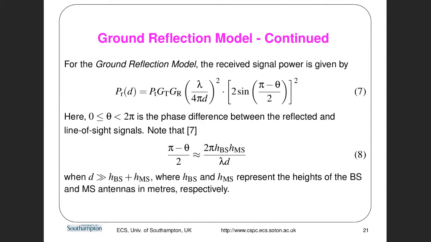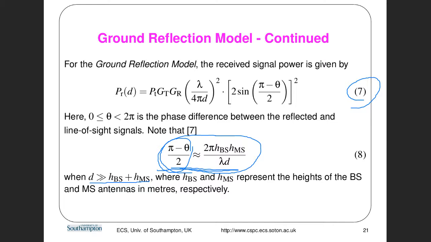So in order to simplify this evaluation, we make an approximation, which is this one, which is valid when this condition is true. The component here that is associated with theta is replaced by all these parameters, which are height of base station. The height of base station doesn't change, so we can assume that we know the height.